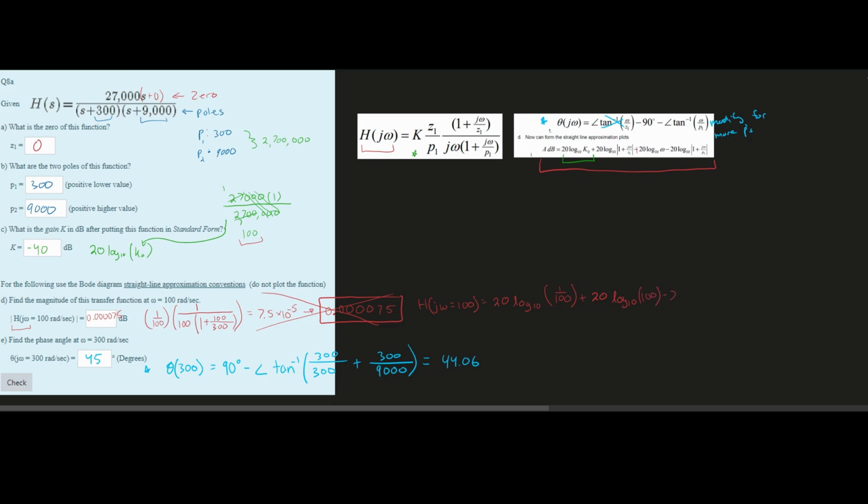So we'll have a 100 in here, and then we have our minus 20 log base 10, and then inside of here, these should be absolute value signs, we have a 1 plus our j omega.